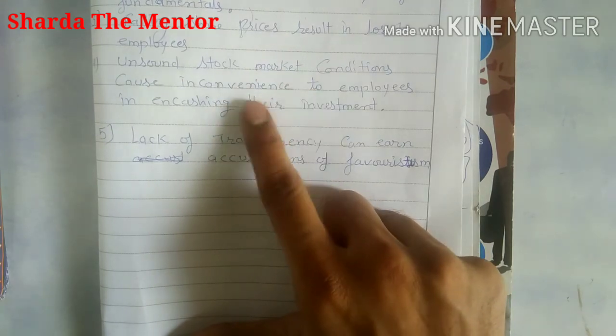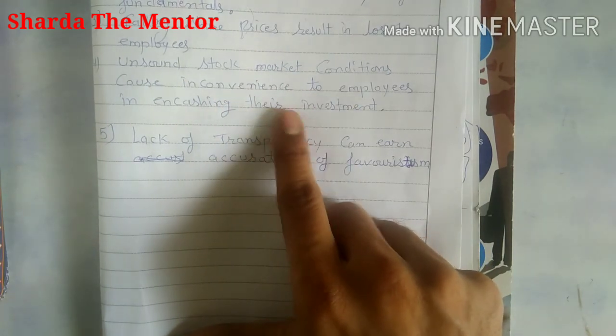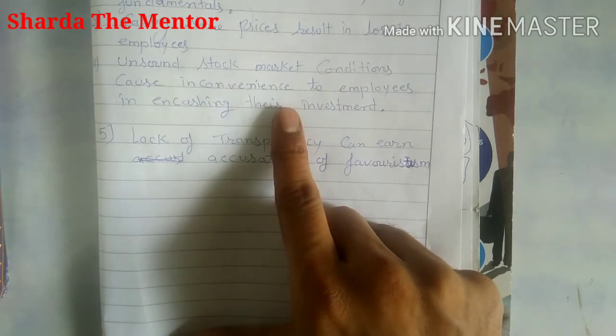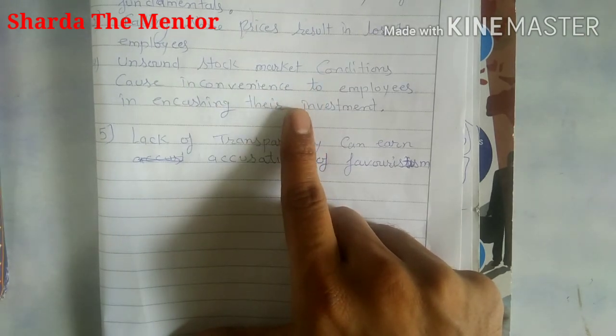Unsound stock market conditions cause inconvenience to employees in encashing their investment. As I have already told, if the price of shares starts to decline, take an example: you bought a share at 1000 rupees per share. Now the price of the share reaches 600, so a 400 loss is there.